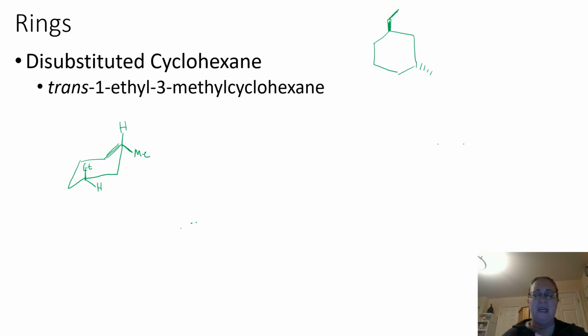Remember, ME is my abbreviation for methyl. ET is my abbreviation for ethyl. We will see these used again periodically to shorten up what we are looking at. So this is one of my positions, where again I have one in the axial and one in the equatorial position. Now I'm going to do my ring flip.